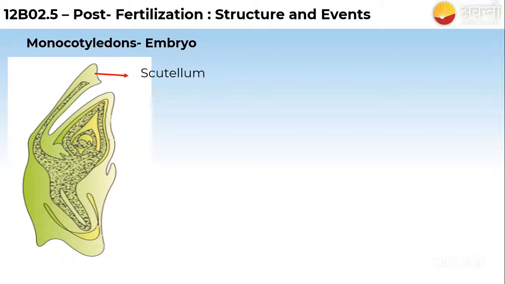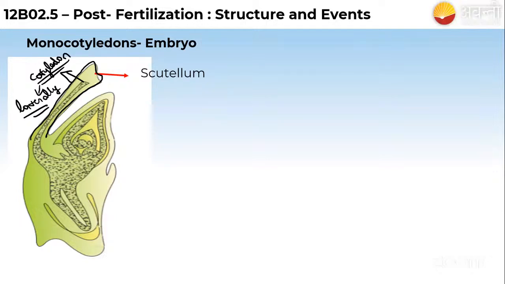Here you can see, guys, this part is called a cotyledon, and this cotyledon is located laterally. Laterally means, if you are sitting, where are your limbs located, either in the center or laterally?